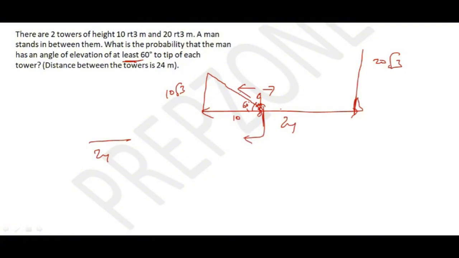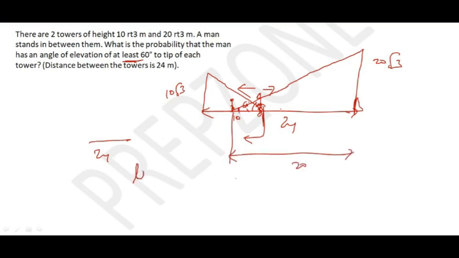Now at the same time, let's also look at this. He also wants the angle to be at least 60 from this. So if it is at least 60, this is 20√3. He should be standing 20 meters away from this. So for example, he stands somewhere here, right? And if he looks up, he wants this angle to be again at least 60. If this angle should be at least 60, this distance has to be 20.